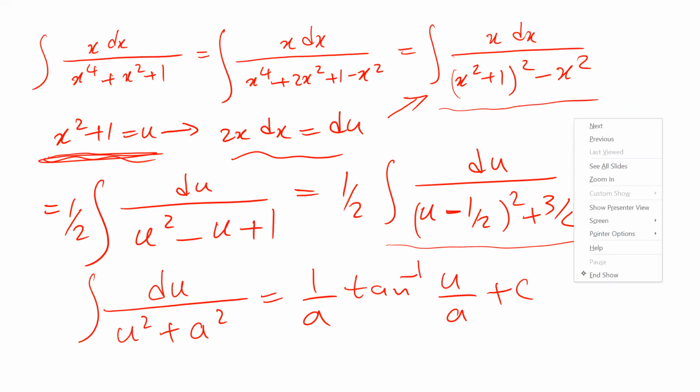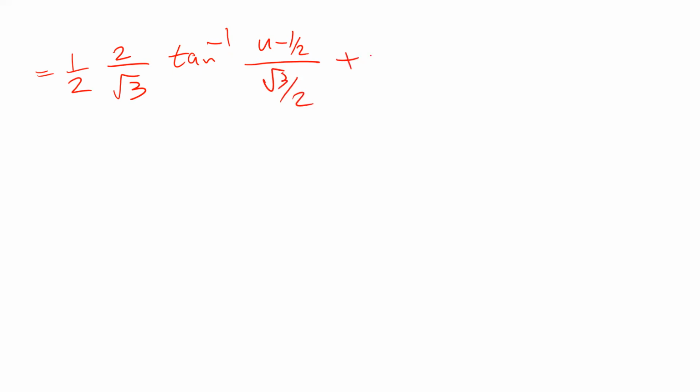So now you need to use this formula to solve your integral, which will be equal to 1 divided by 2 times 1 divided by a. A was the square root of 3 divided by 2, therefore the inverse of that will be 2 divided by the square root of 3, times tangent inverse of (u minus 1 divided by 2) divided by a, that is u divided by a, where a is the square root of 3 divided by 2, plus c, which is the constant of the integral.